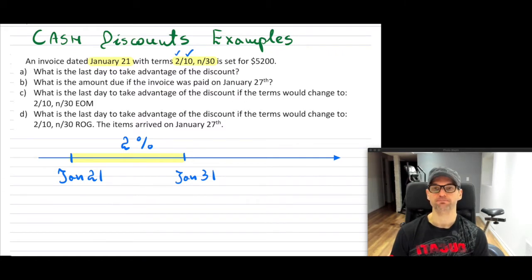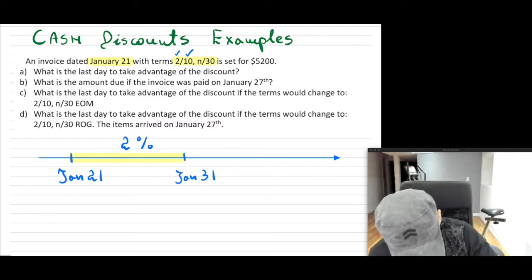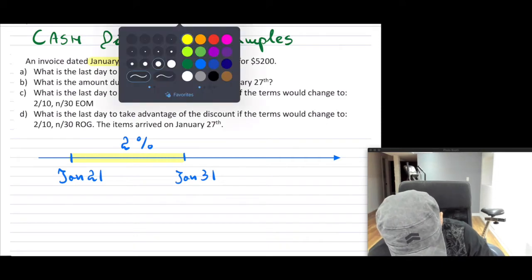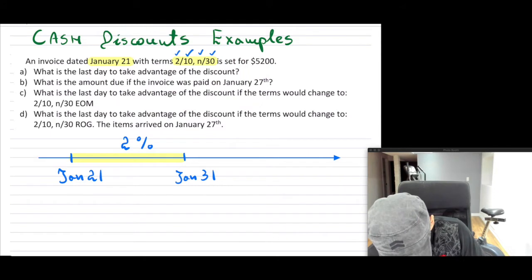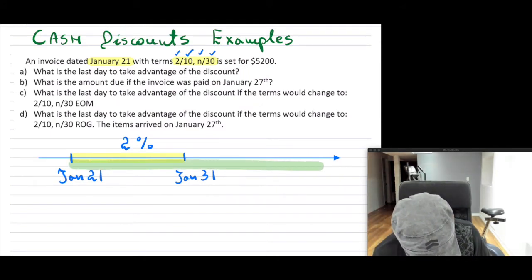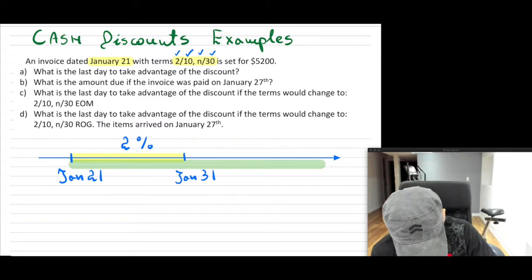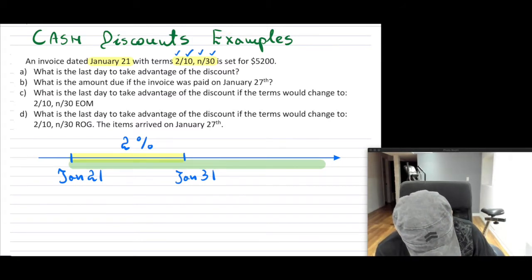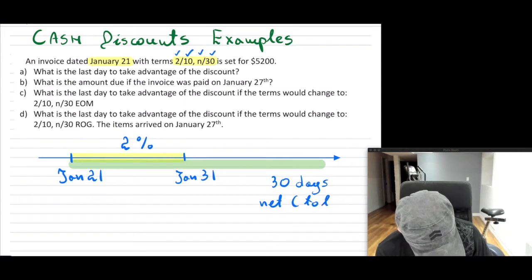2%. So as long as you pay between January 21st and the end of January 31st, you will get a 2% discount. Now, just a note on the n/30. For those who maybe have forgotten, n/30 means that from January 21st you have 30 days to pay the net, which is the total of the bill.